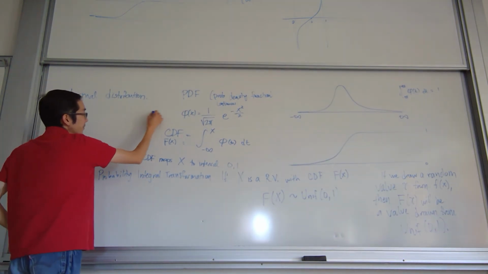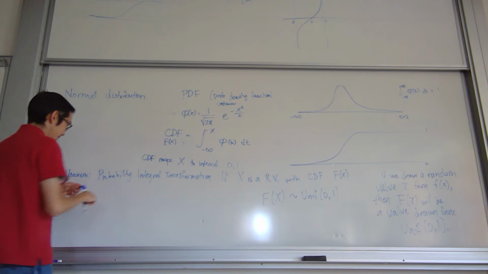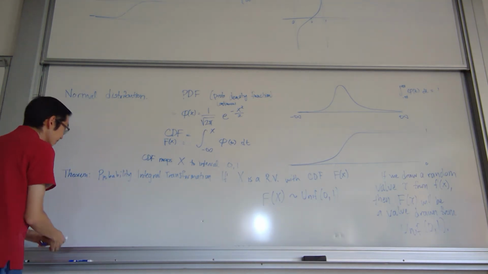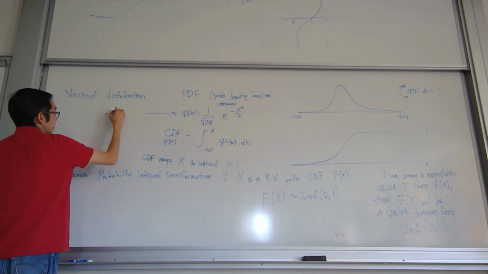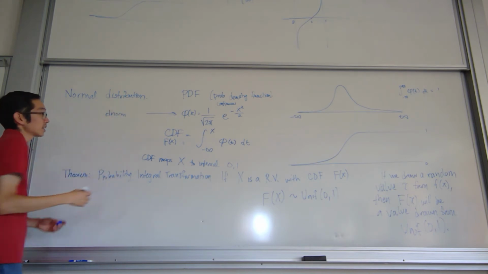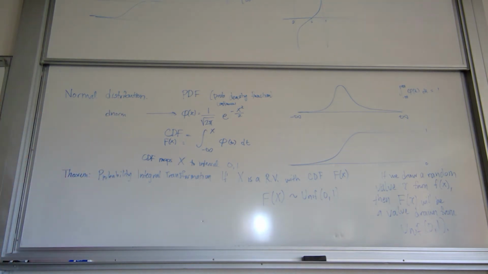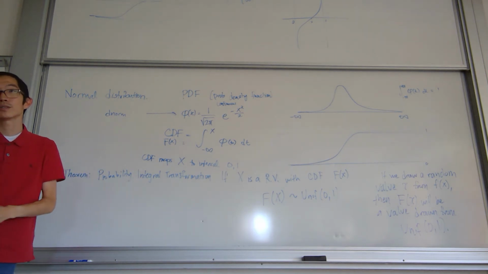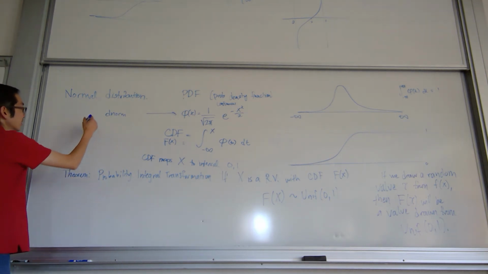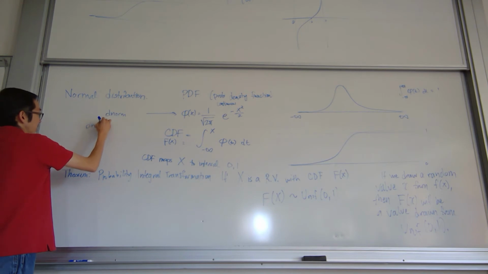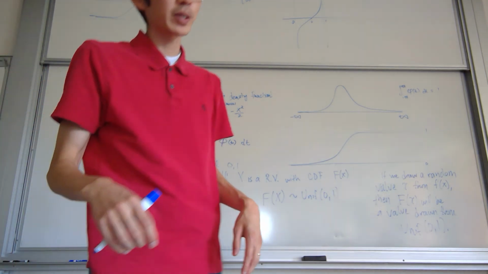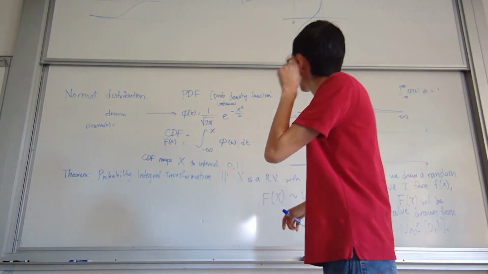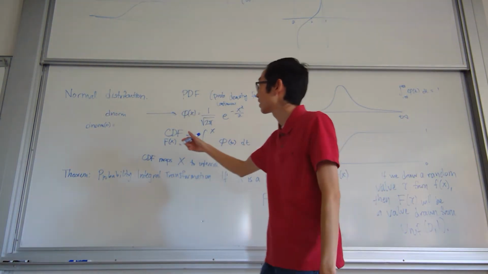If you plug in dnorm 0, what do you get? dnorm 0 is equal to 1 divided by the square root of 2 pi, because you plug in 0 here.